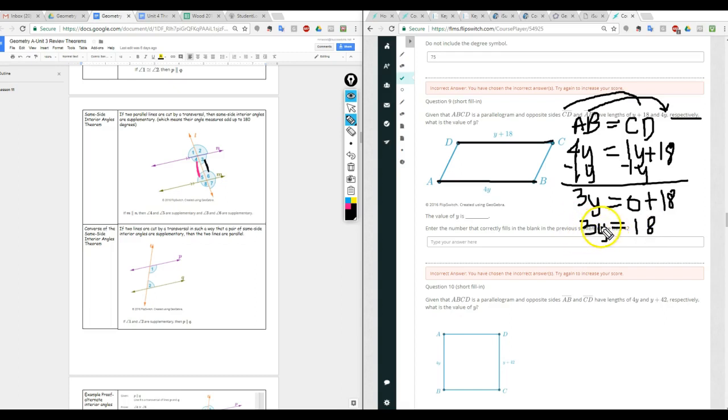So now 3 is multiplying to the y, so I'm using the division property of equality because it's the inverse operation of multiplication. So 3 divided by 3 is 1. 1y equals 18 divided by 3 is 6. And again, this says y.